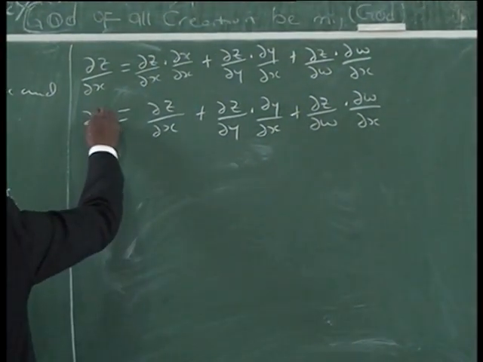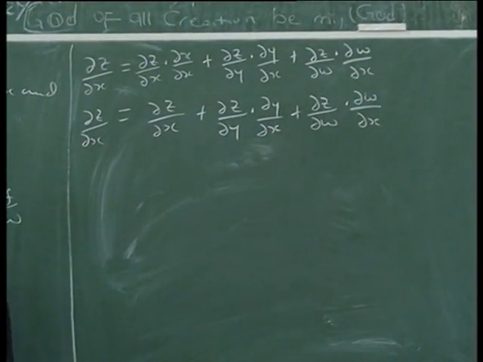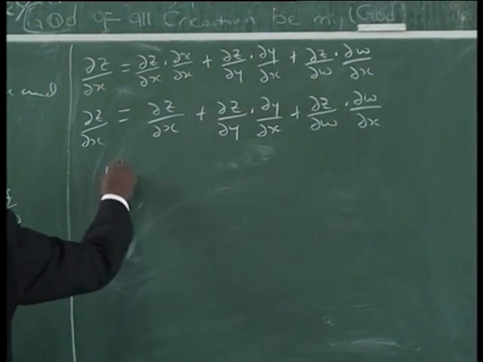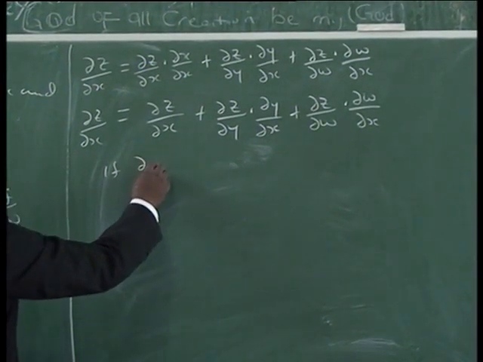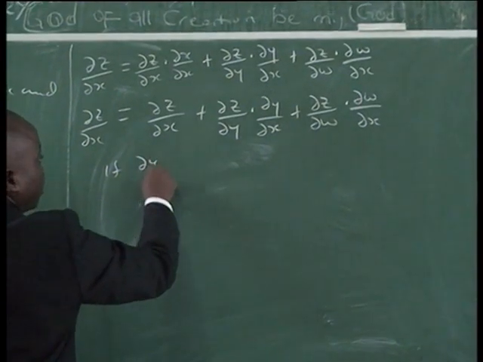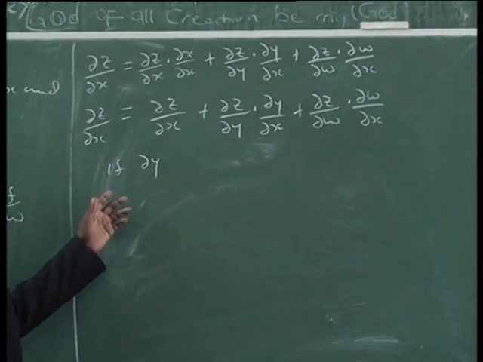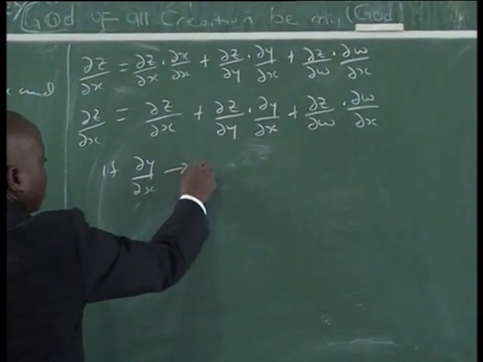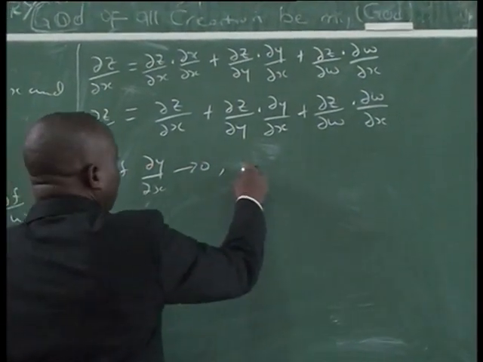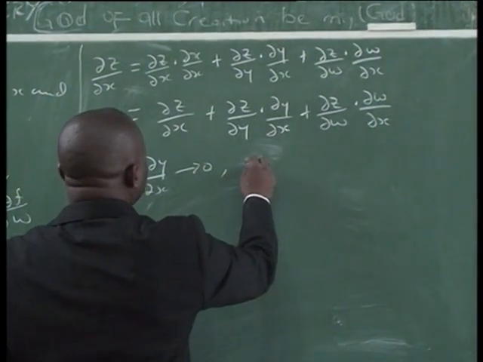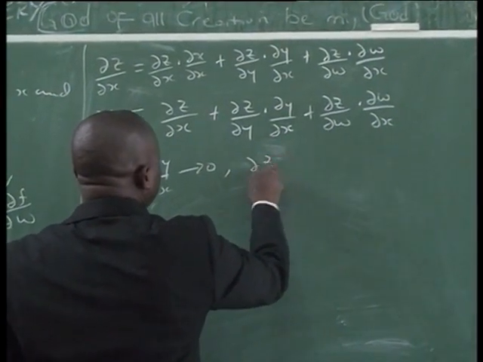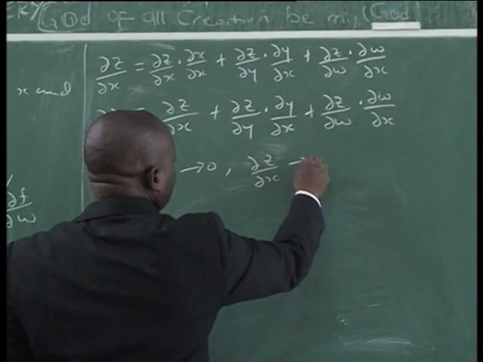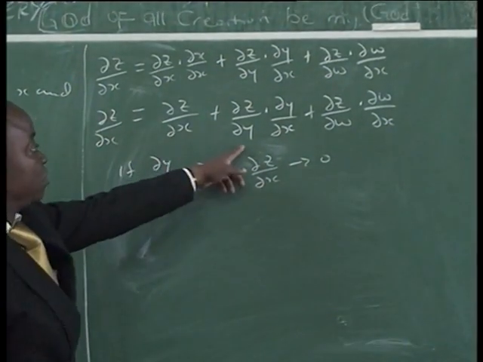Now that is partial z, partial x. Now if partial y, we are dealing with x now. So if partial y, partial x becomes 0, and then we also have that partial z, partial x becomes 0.